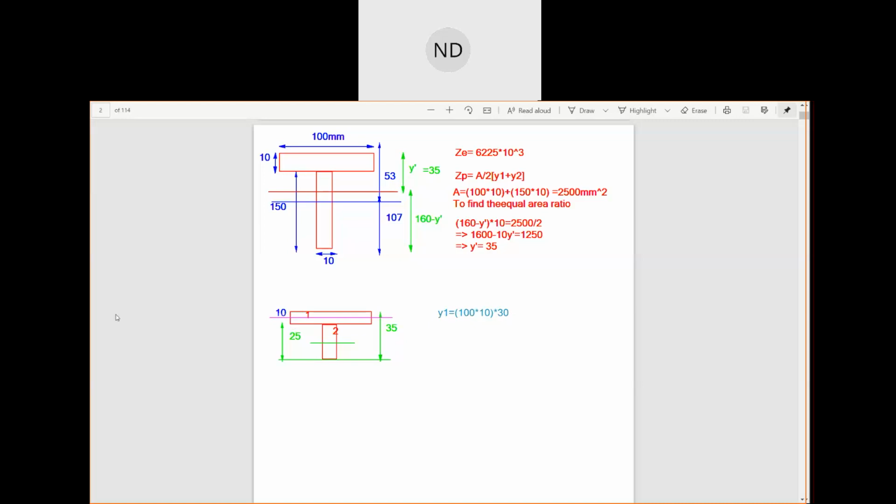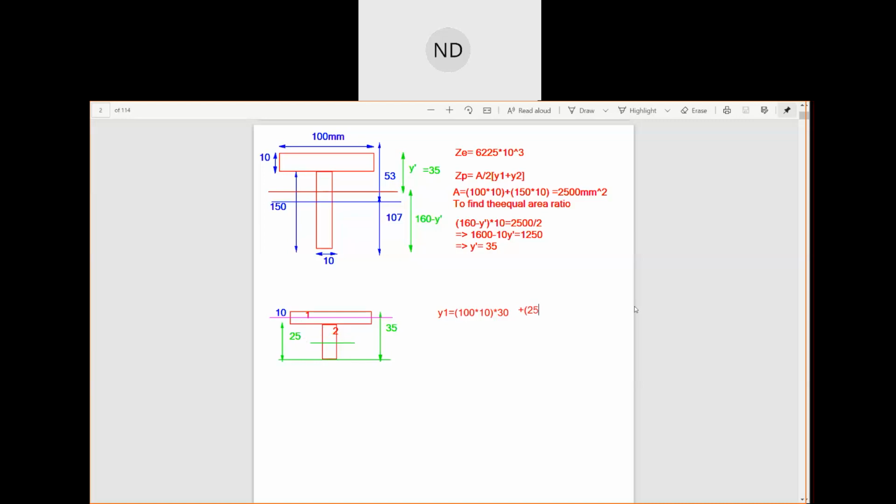Now again we have another one. Plus this member, the second member. What is the area? This is 25, and this is 10, we know.